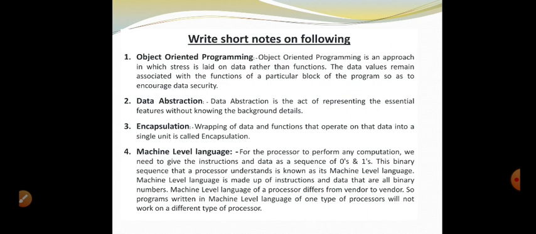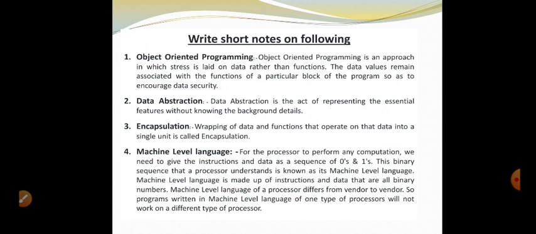Then machine level language, a language which is understood only by the machine, is known as machine level language. For the processor to perform any computation, we need to give the instructions and data as a sequence of zeros and ones. The binary sequence that a processor understands is known as its machine level language. Machine level language is made up of instructions and data that are all binary numbers.